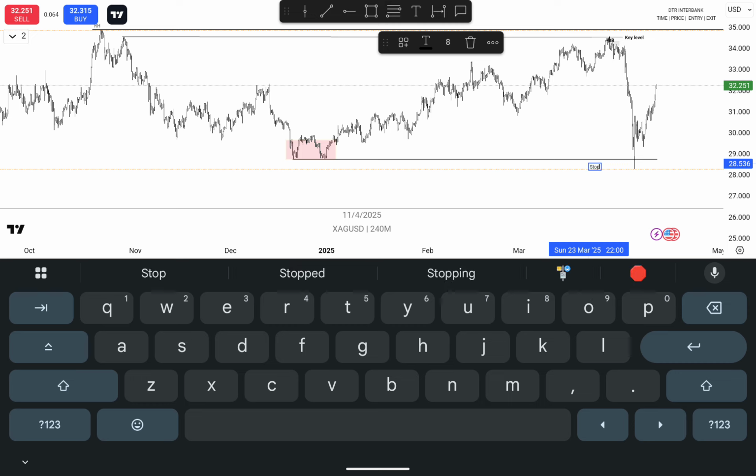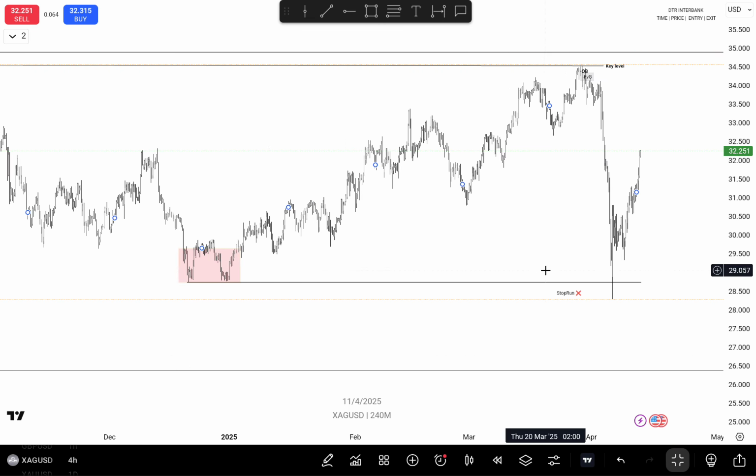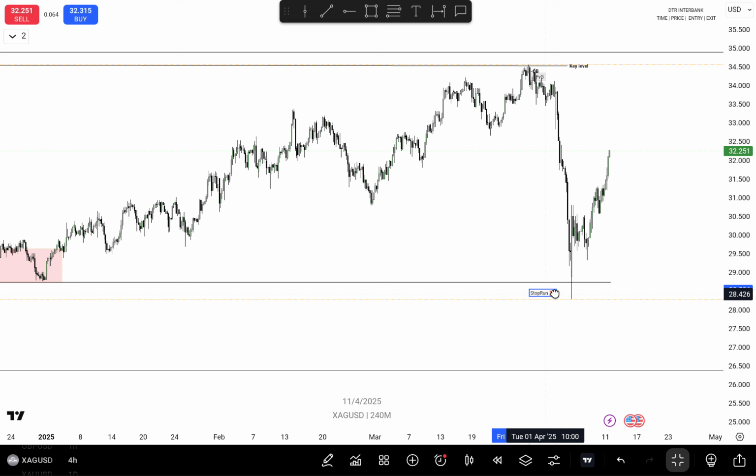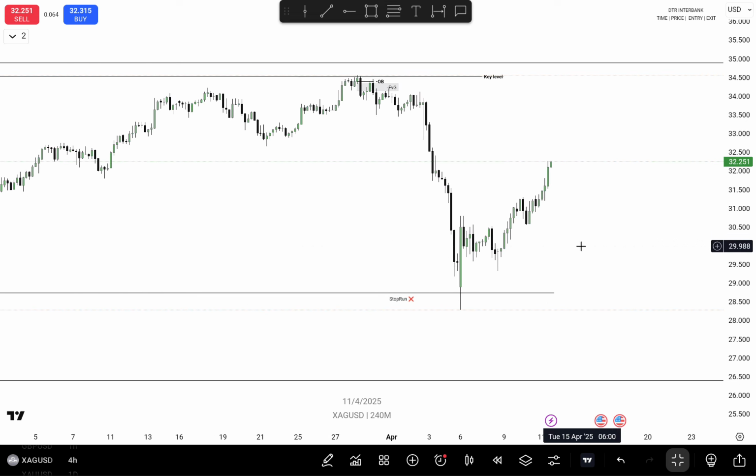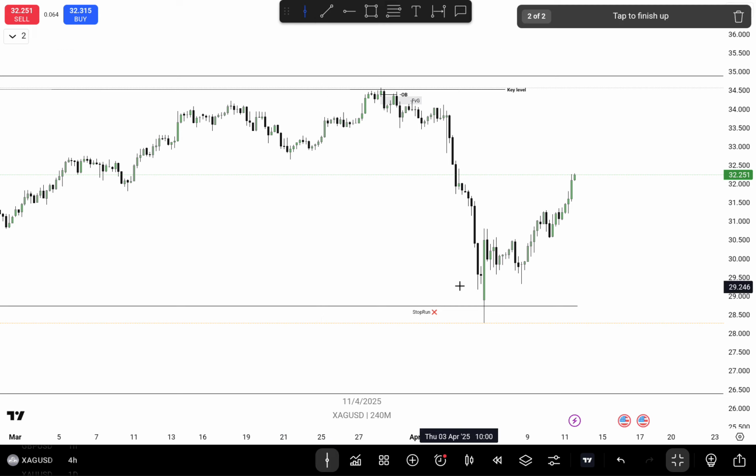Stop line. So my eyes are already at this level right there. And then look at what price did. And then it closed higher. So I want us to have a look at this.